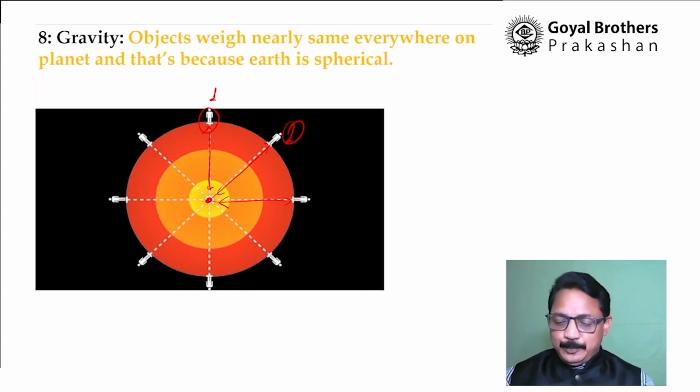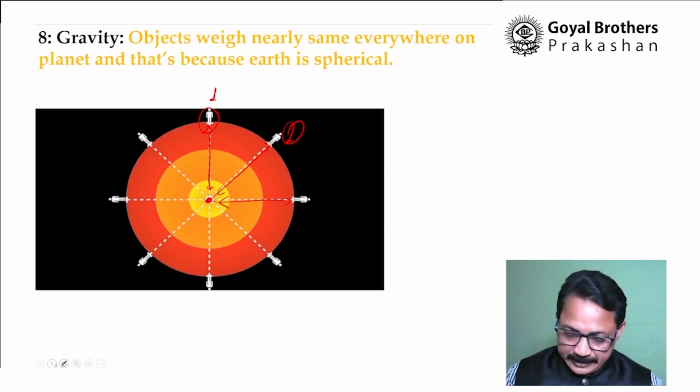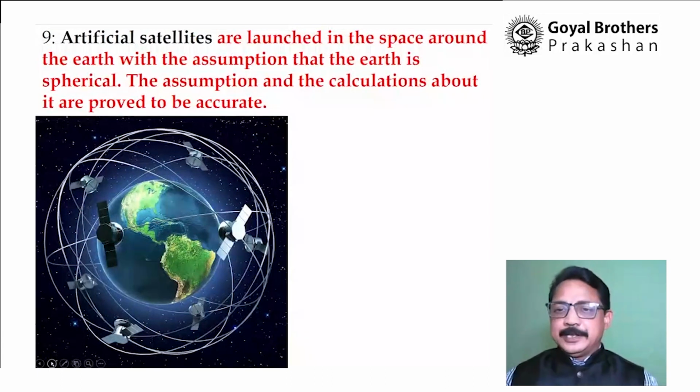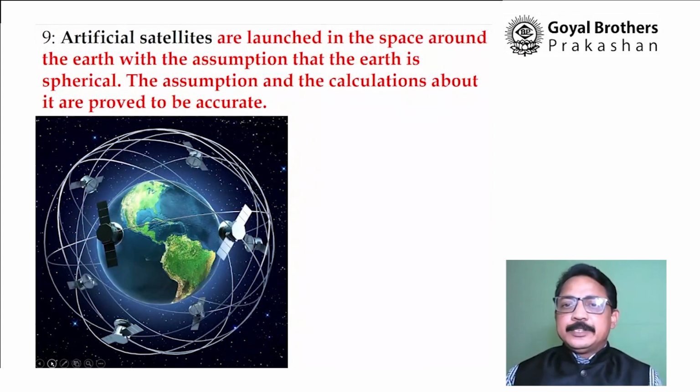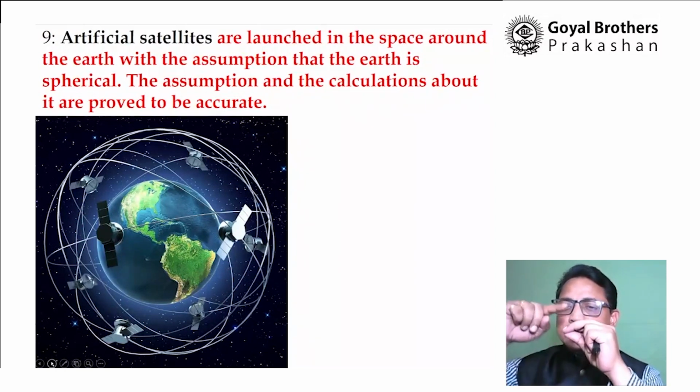Now there is one more proof for the spherical shape of the earth, and that is the launching of artificial satellites. Please remember that when these satellites are launched, scientists make the assumption that earth is spherical in shape, and they send the satellite to move around the earth.